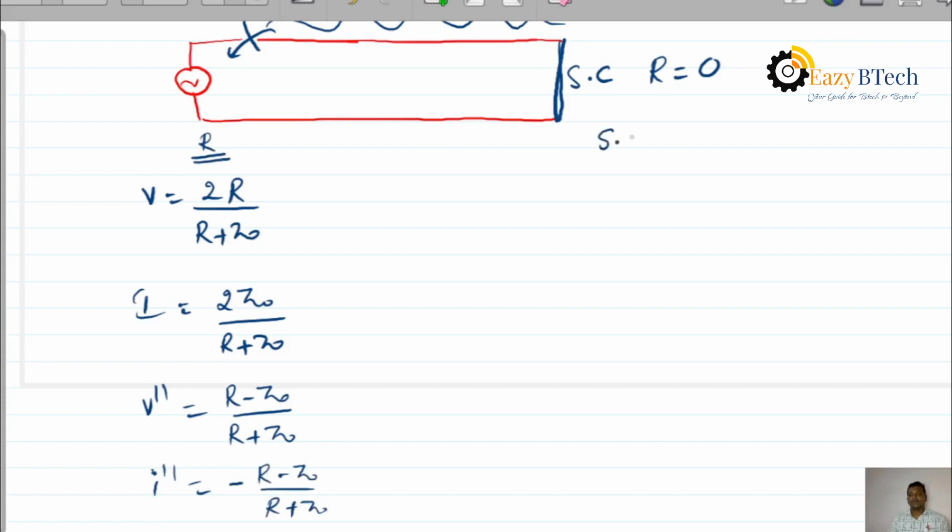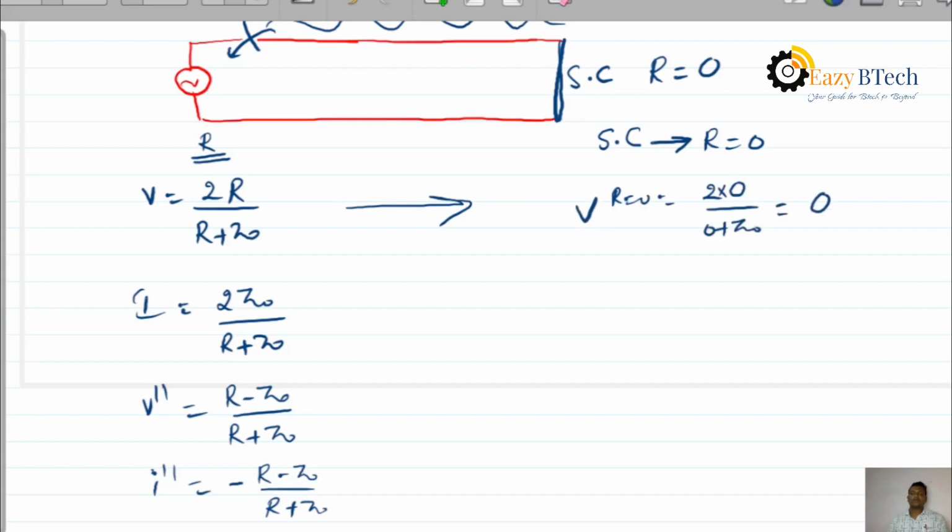Now we will find the coefficients for both the refracted and reflected waves when the line is terminated through a short circuit, which means resistance becomes zero, R equals zero. Substituting R equals zero in this equation, the transmitted voltage coefficient becomes zero, because 2 into 0 by 0 plus Z naught is 0.